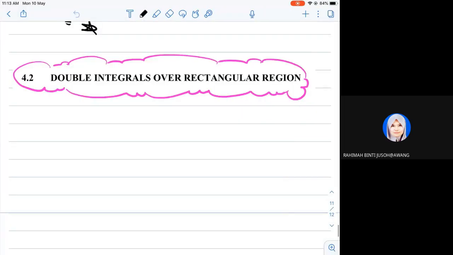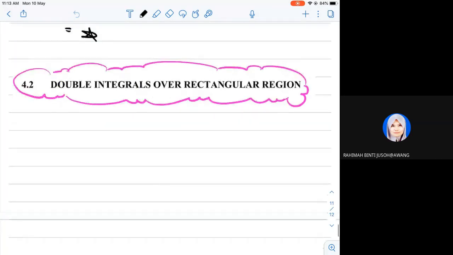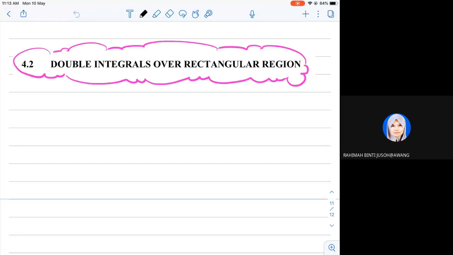Alright. Formula dia macam ni guys. Kita ada double integration. Alright. Basically kita ada type 1 dan type 2 lah.